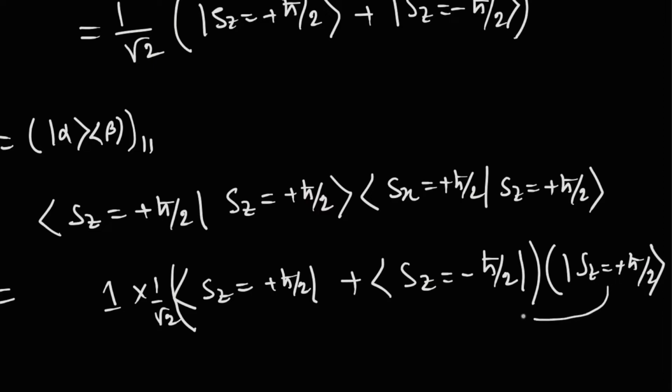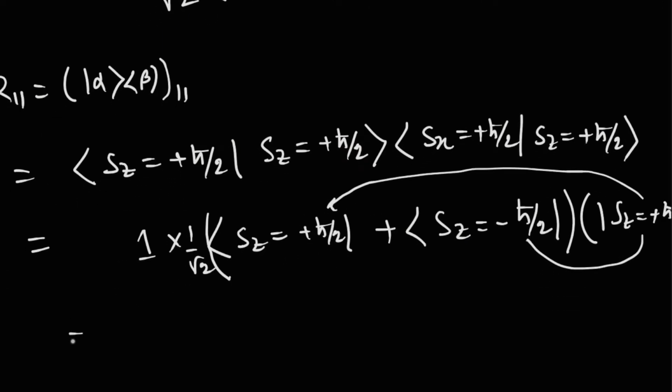Since these two are orthogonal it will give 0, but these two terms will give 1, so it will give 1 by root 2.